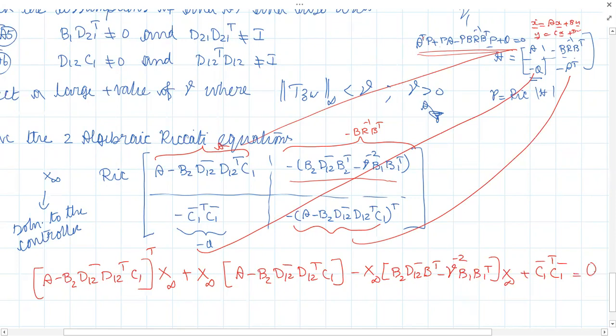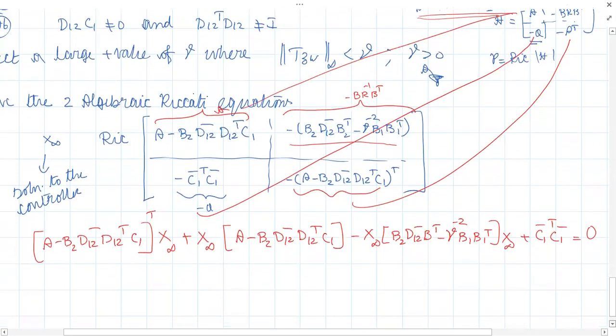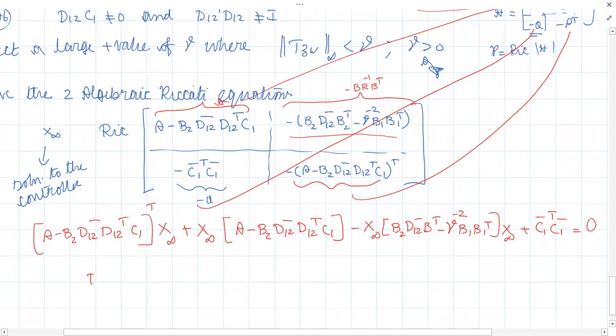What could be the order? Just think, what could be the order of this thing? So, what is D12 bar?